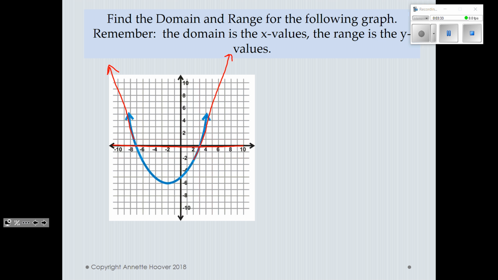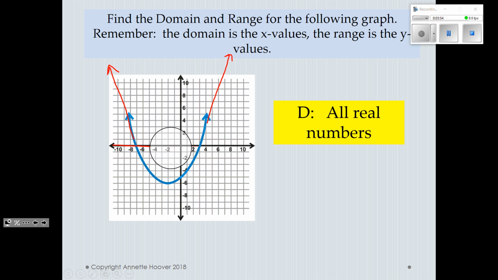Well, since the arrows go on and on, the domain, or the x values, would be all real numbers because it's going to cover the entire number line, which is just infinity. So we just say domain is all real numbers.